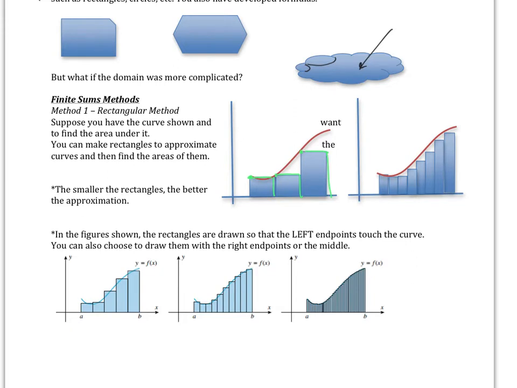Now, I know the width and the height of each of these rectangles, and I can use that to find the area of each of them: area of 1, area of 2, area of 3. So the area of rectangle 1 plus the area of rectangle 2 plus the area of rectangle 3 gives an approximate area under the curve.